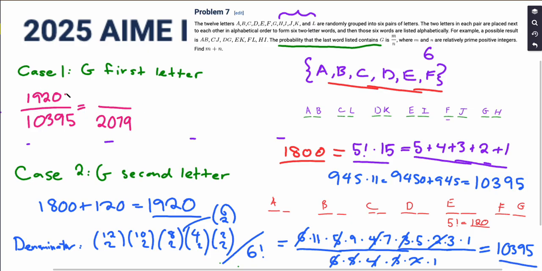And on the top, upon dividing by 5, 1920 divided by 5 gives us 384.